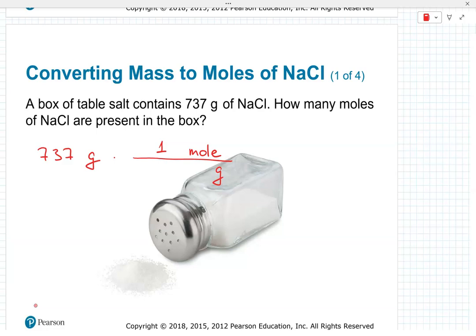What is the molar mass of sodium chloride? What is the molar mass of sodium? 23. What is the molar mass of chlorine? 35. 58.